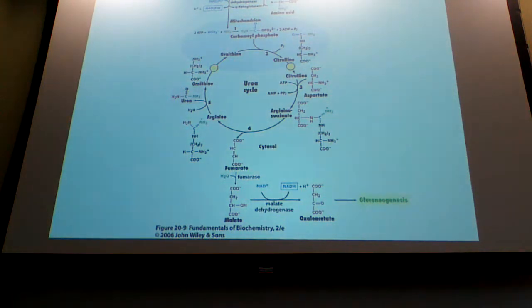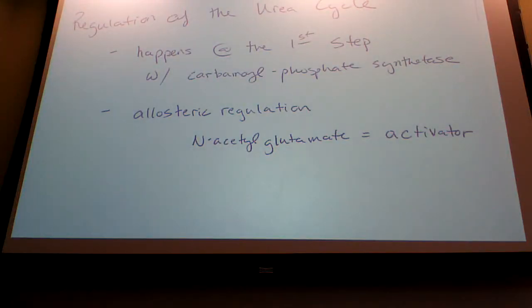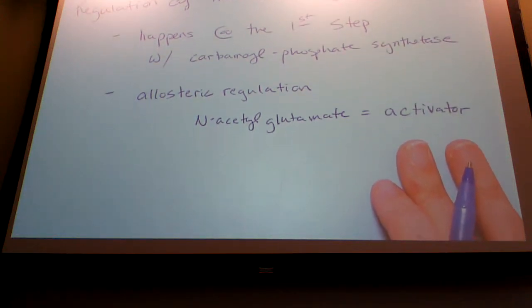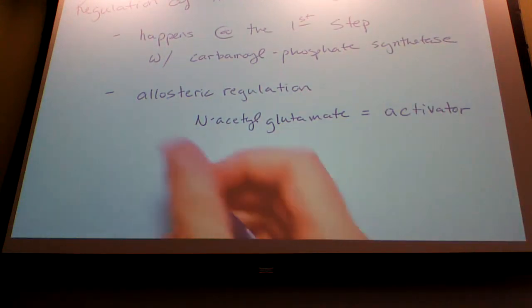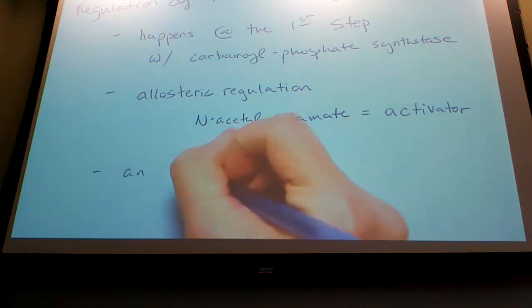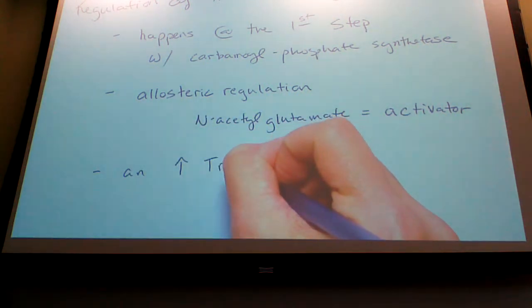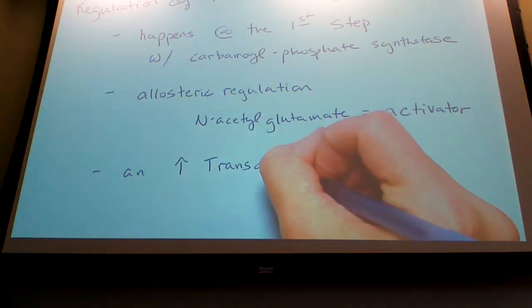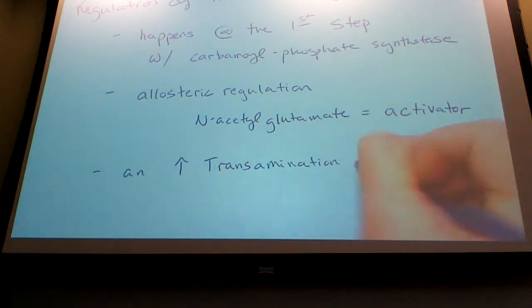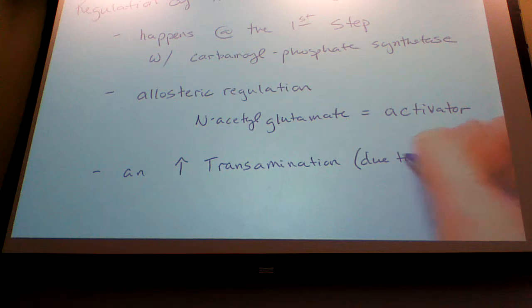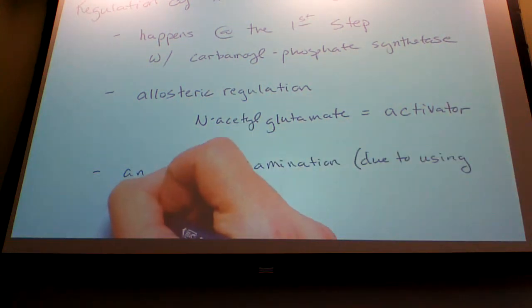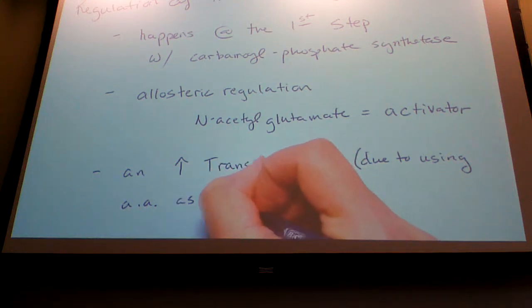So if you were breaking down proteins, breaking down amino acids for fuel, what you typically see is an increase in transamination. And that's due to using amino acids as fuel.